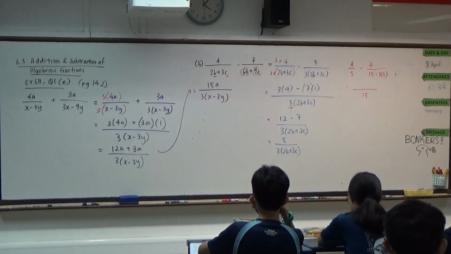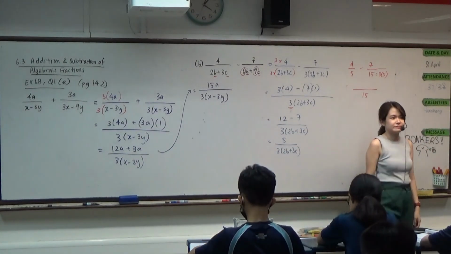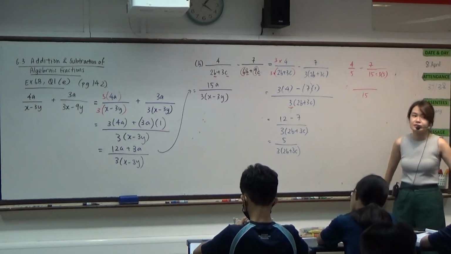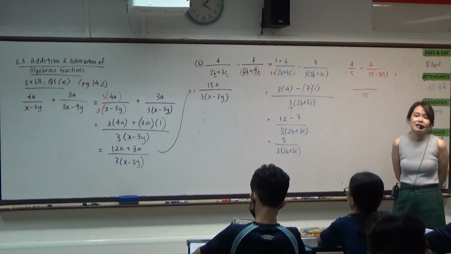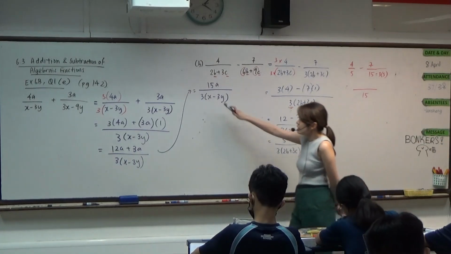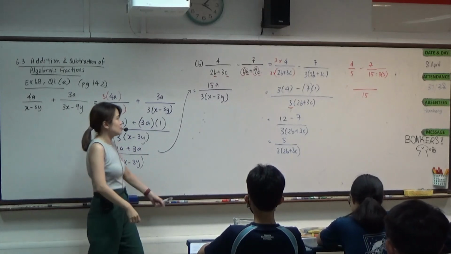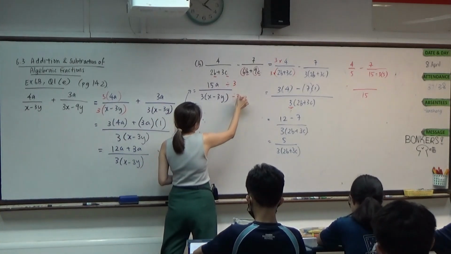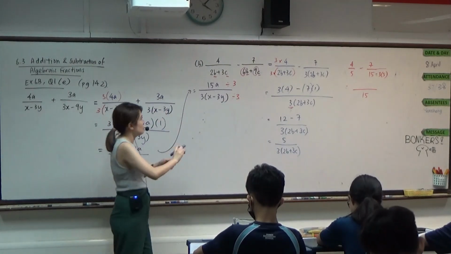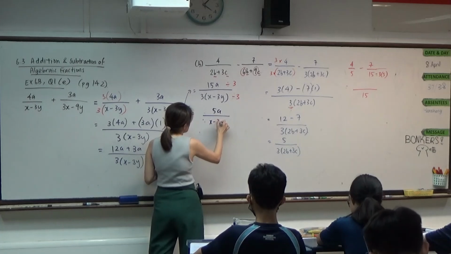How many of you will agree that this is the simplest form? Is that the final answer? Okay, so important for us to be mindful that 15 actually still has a common factor. So I can still divide by 3 here, divide by 3. So my final answer should be 5a over (x minus 3y).